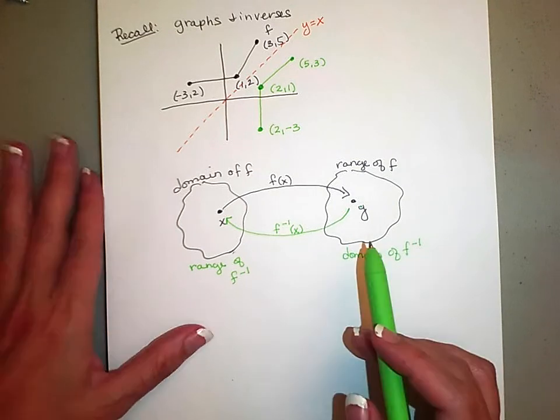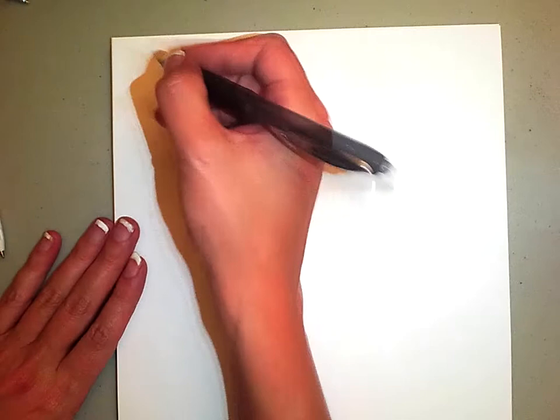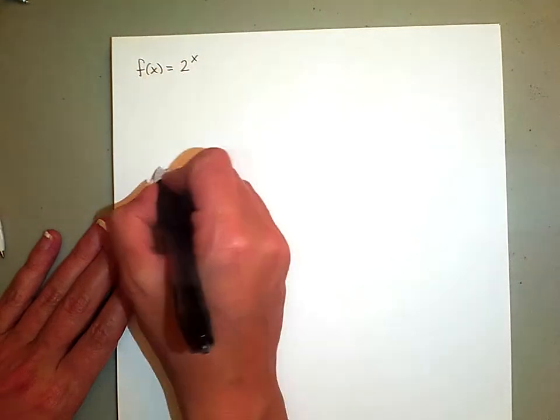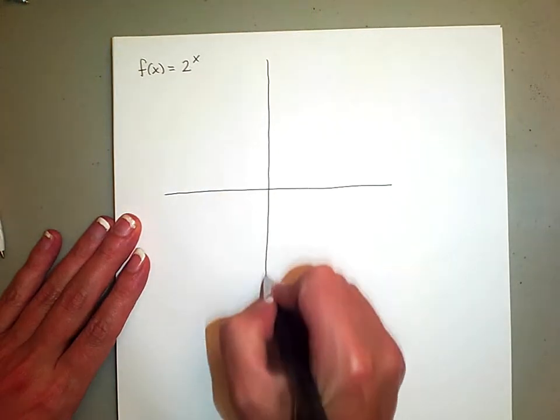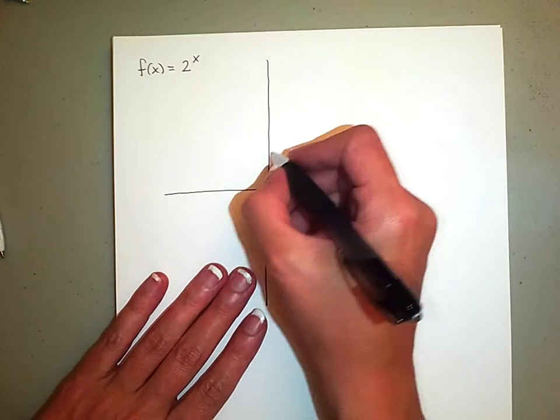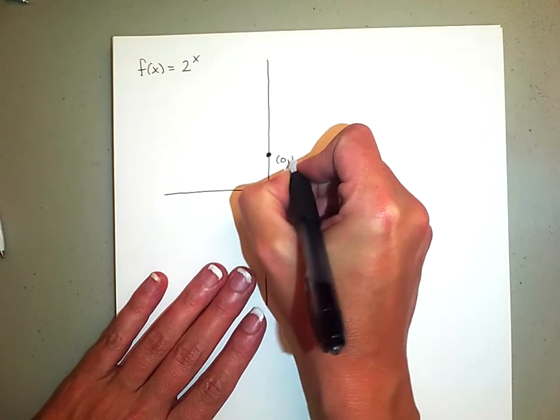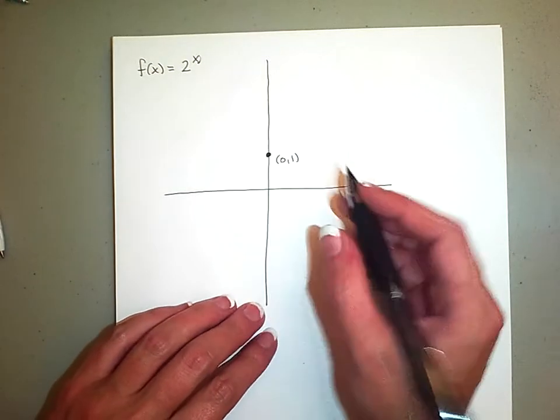Okay. So let's go back to what we were talking about last time. We were talking about the exponential function, and let's recall what we did. A basic exponential function, let's say we're graphing f of x is equal to 2 to the x. We saw that every exponential function has the y-intercept of (0, 1), because anything to the 0 power is just 1.